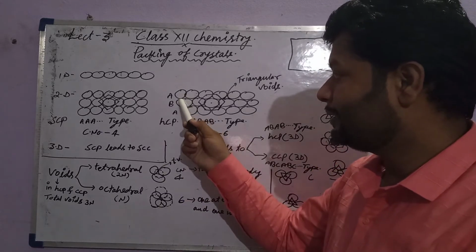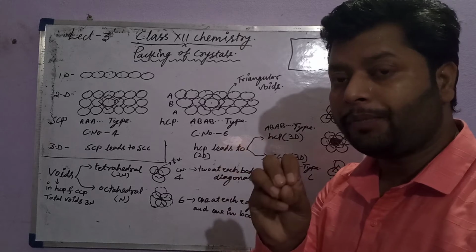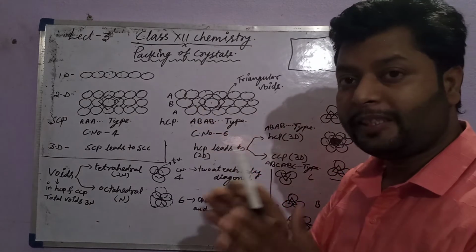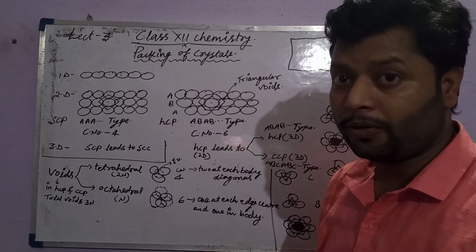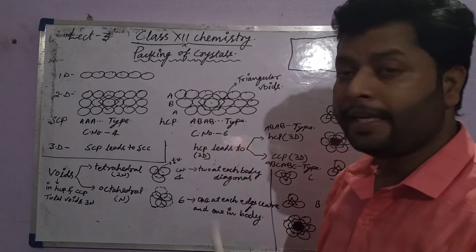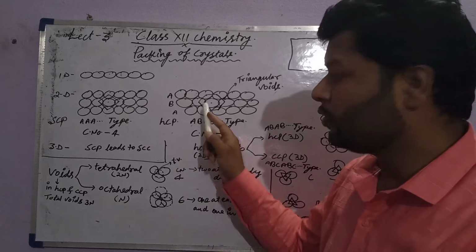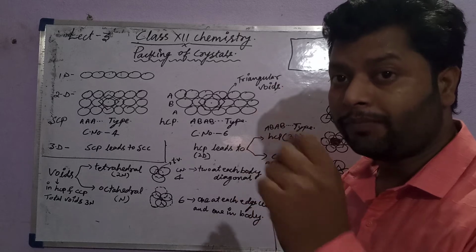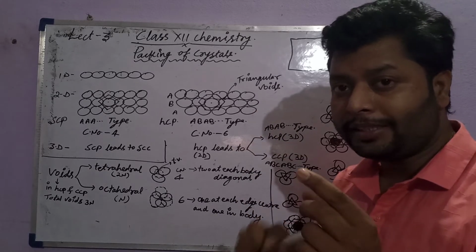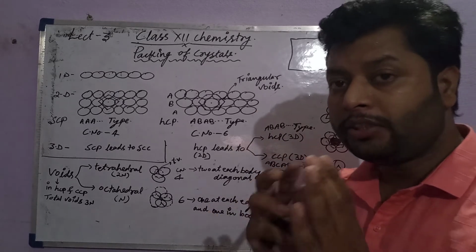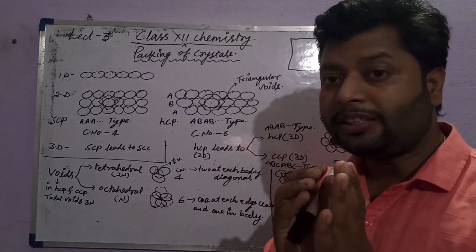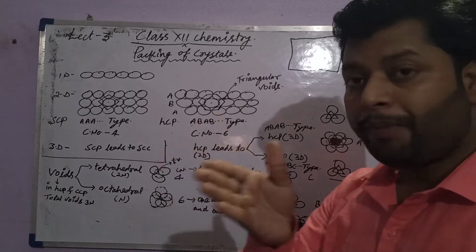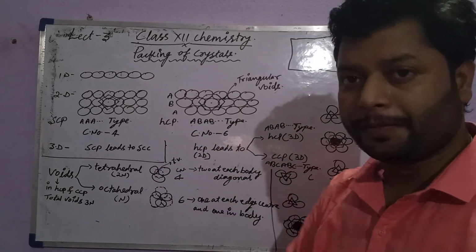You can see the second row particles take the gaps of the first row particles. So there is a shifting of the particles in the second row. When we arrange the third row, the third row particles are perpendicularly aligned like the first one. So every second row is slightly shifted from the first row, and perpendicular alignment is omitted.